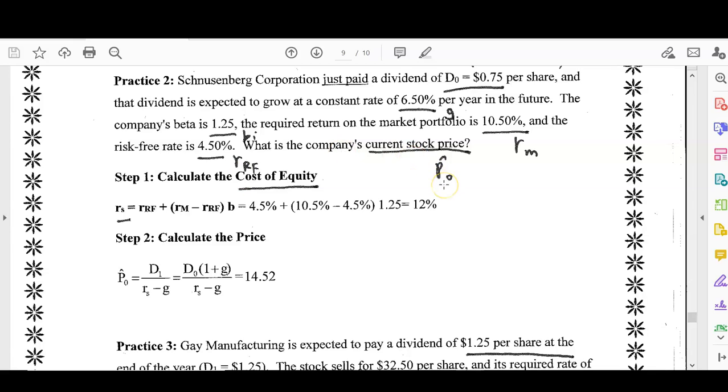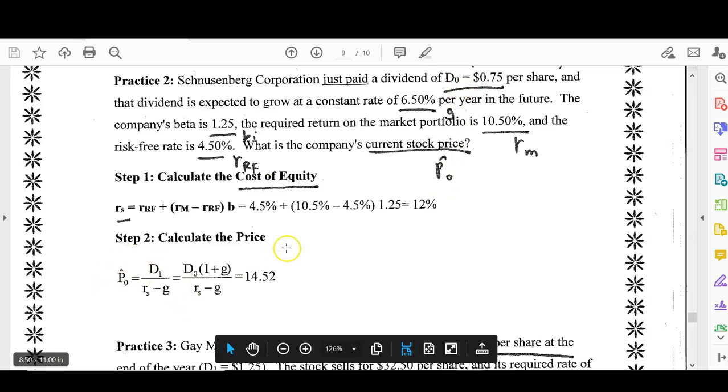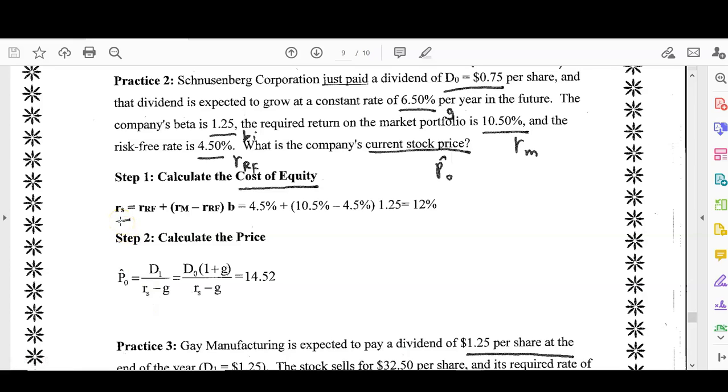P0 hat. From this question, we know D0 and G, so we can use the constant growth model to estimate P0, but we don't know R. So we need to use CAPM first to calculate R, the cost of equity. It is the risk-free rate plus market return minus risk-free rate, multiplied by beta.